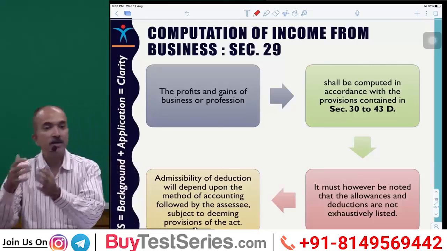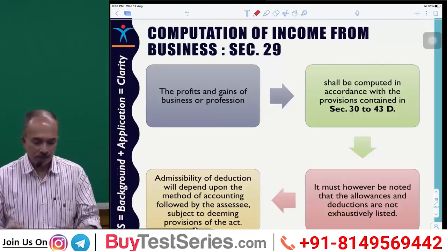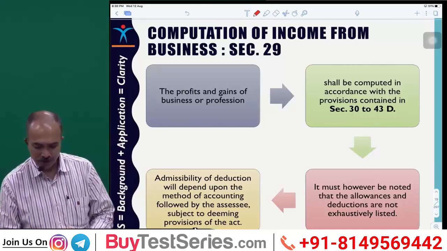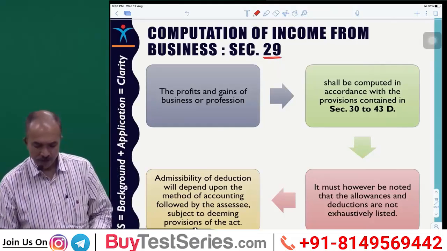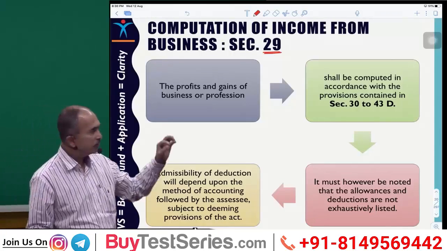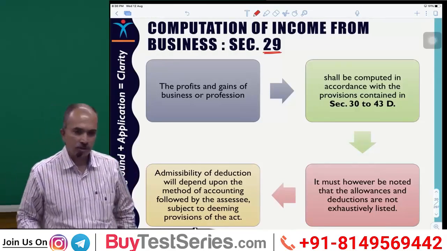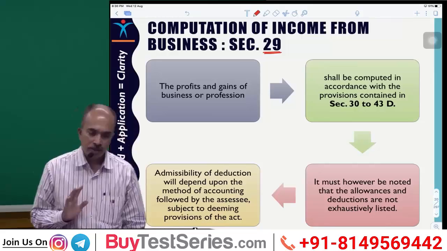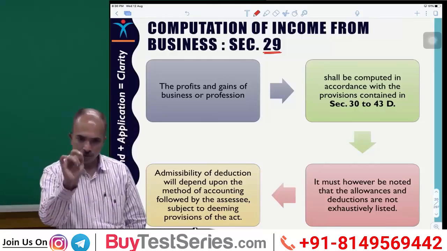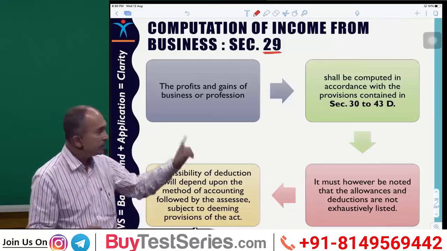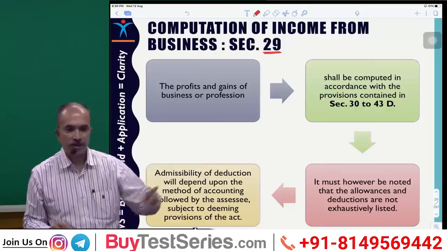Now let me calculate the income. So calculation is given by section 29. 29 is your very typical government officer section, government babu section. It says if you want to understand calculation, read section 30 to 43D.